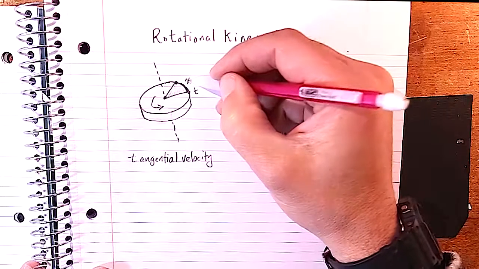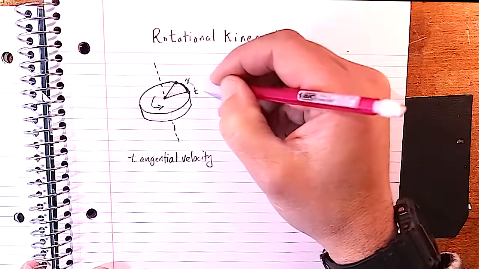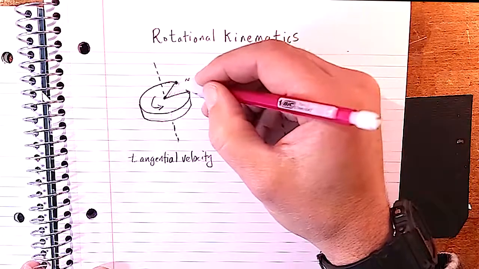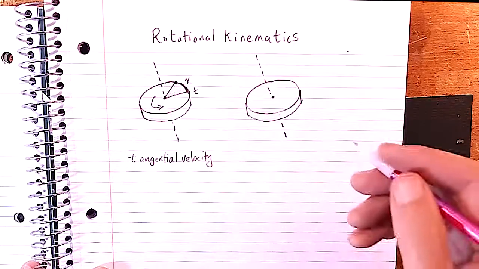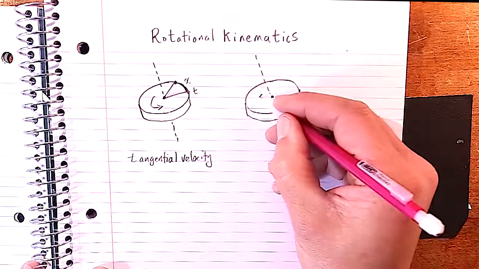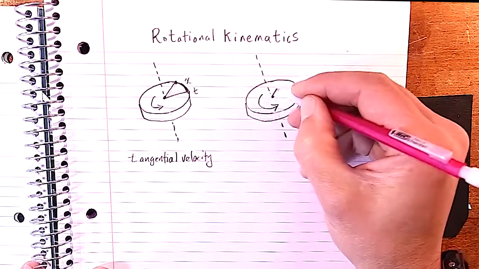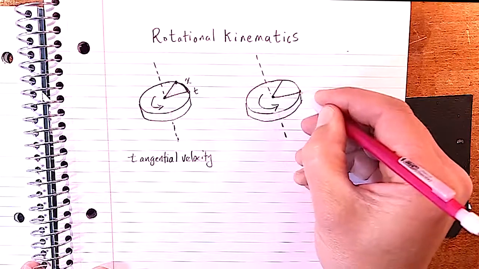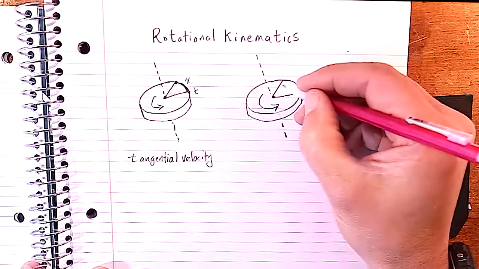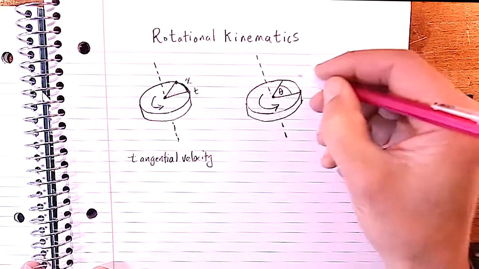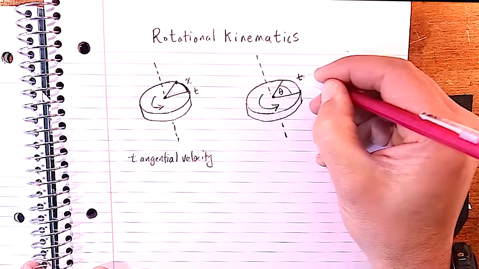So we have x divided by t, and that would be our average velocity, or technically speed, because the velocity is changing. But there's another way that we can look at this. Let's say this disk is rotating in this direction, and we have our little slice of pie here. Then we could say that it carves out a certain amount of radians in a given amount of time.